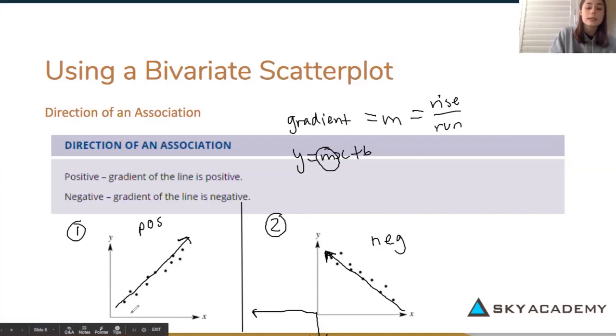If we drew a number plane or a graph, when you're labeling x and y, you have positive along here, 1, 2, 3, 4. You have positive along here, 1, 2, 3, 4. And these two sides here would be negative.